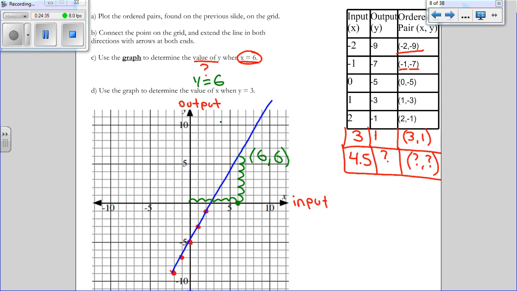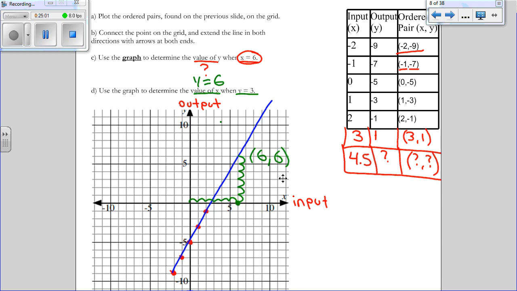You could also do it vice versa, which is kind of nice too. So the next question says, use the graph to figure out the value of x when y equals 3. Now they're saying your output equals 3. What input would give you that value? They're saying you've gone 3 up, 1, 2, 3.